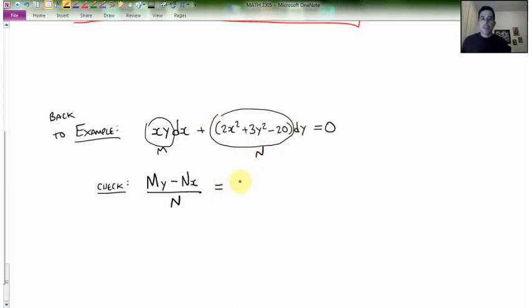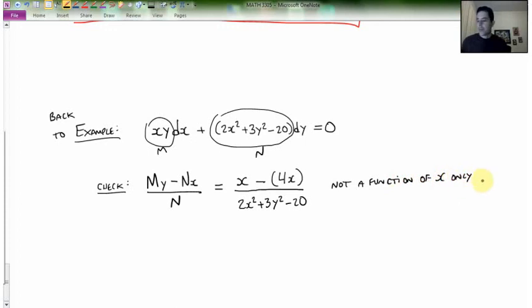Partial m partial y is x, minus the derivative with respect to x, which is 4x, divided by n. Now n is 2x squared plus 3y squared minus 20. So this is not a function of x only. We cannot use it, unfortunately.